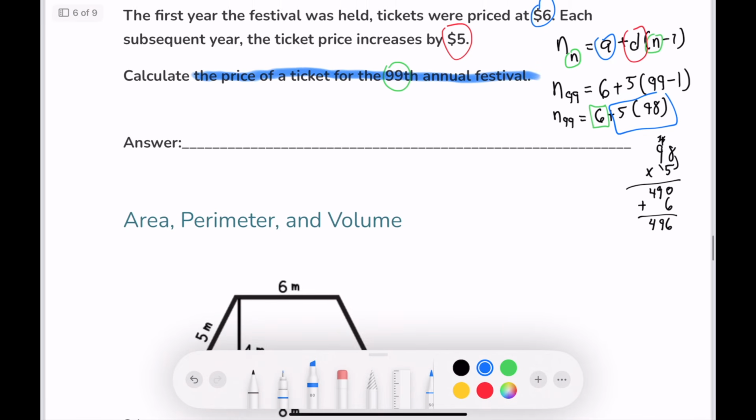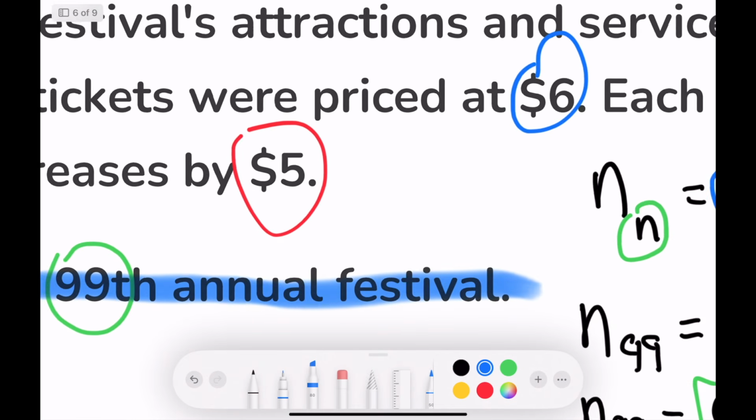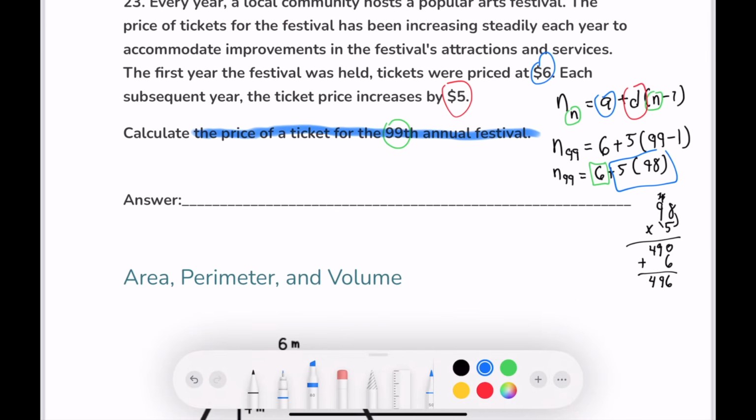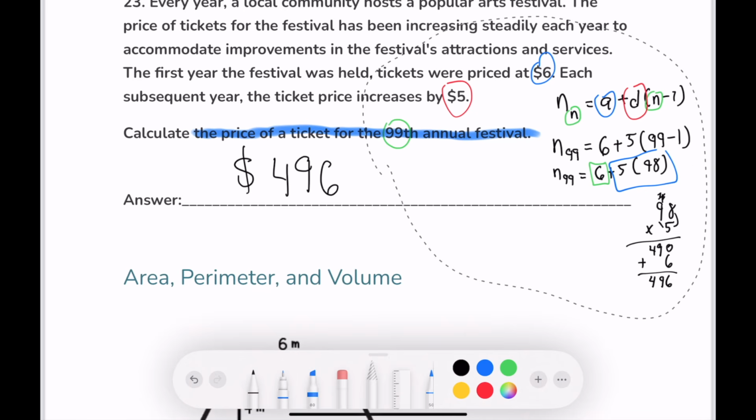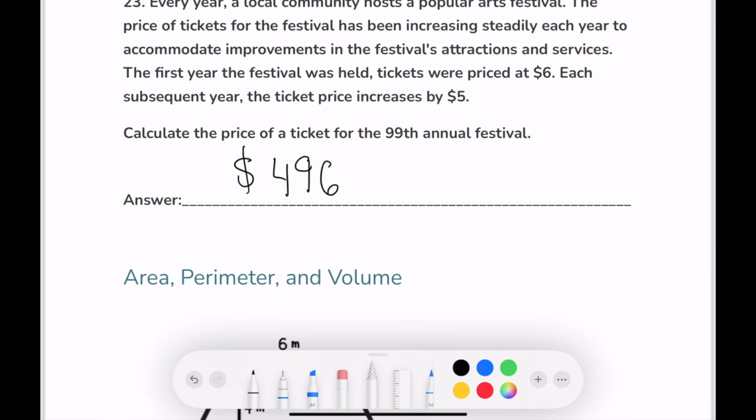So check that out. I mean, if you thought $6 was a lot, imagine paying $496 for a community arts festival. Woo! All right. Now we are going to, as you guessed it, clean it up, take it out, move on.